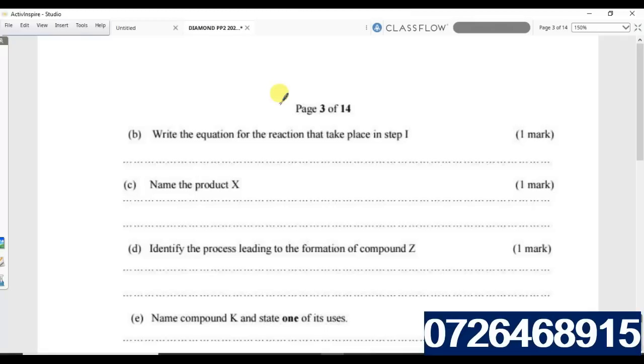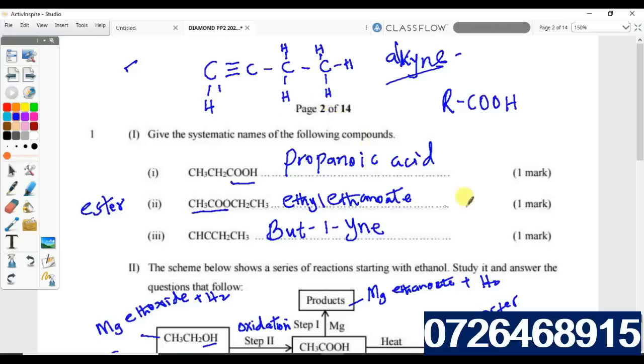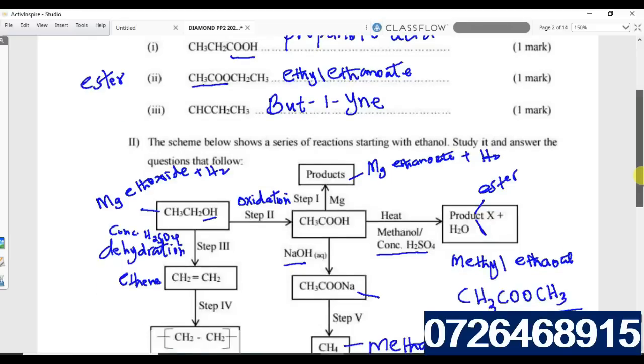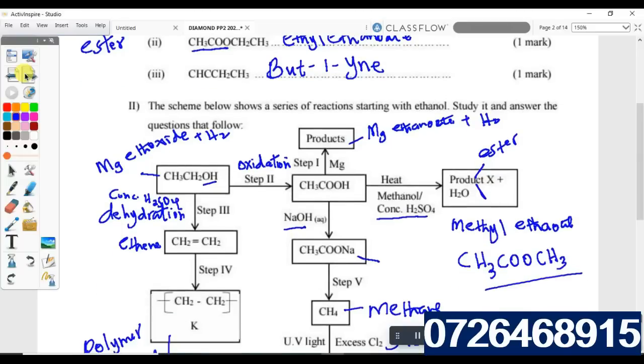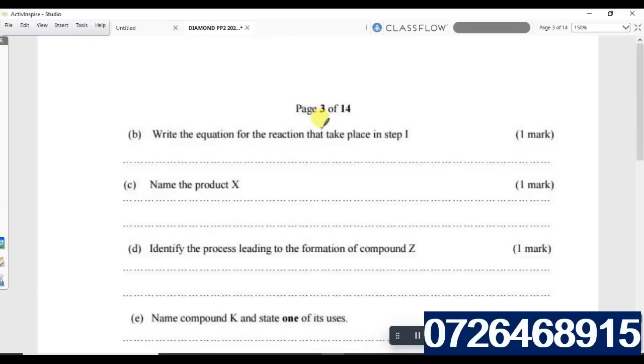Write the equation for the reaction taking place in step 1. Step 1 is ethanoic acid reacting with magnesium to form magnesium ethanoate.